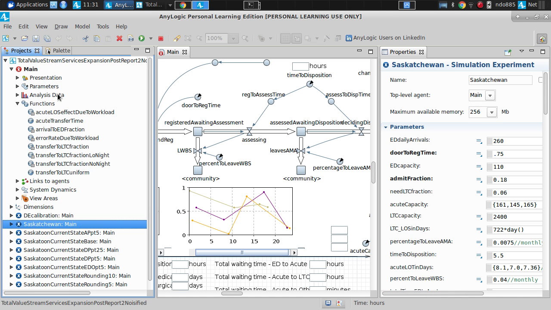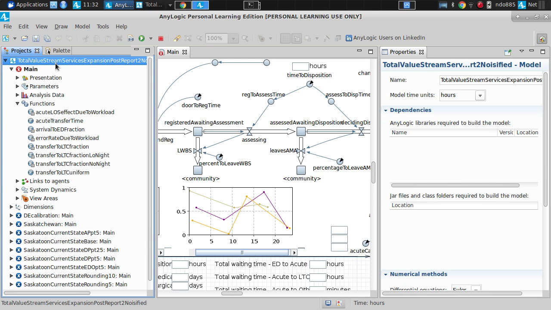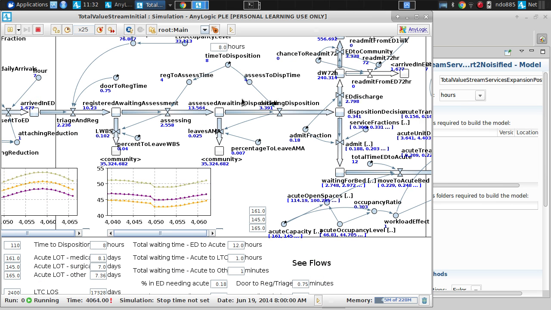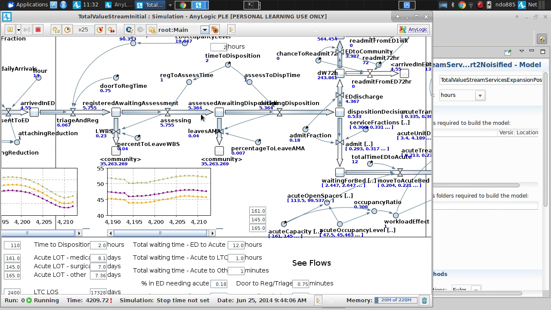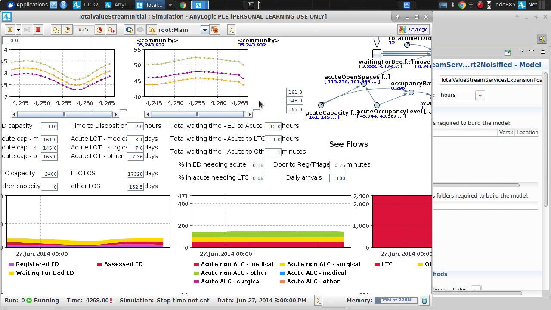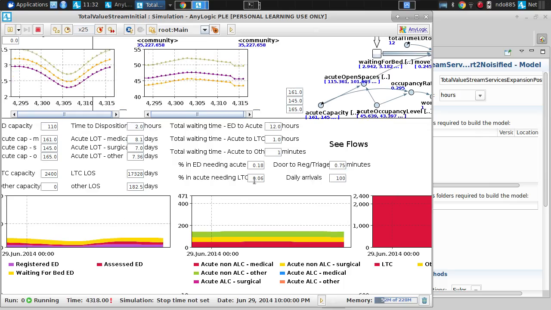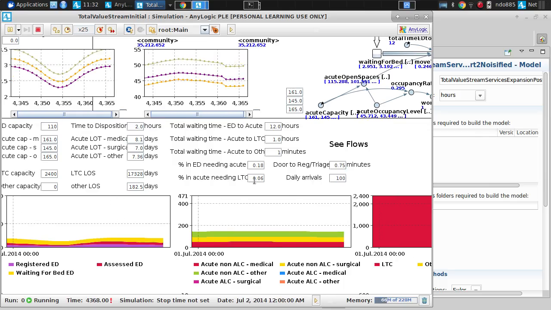So this model has time associated with it, like dynamic models. You'll notice if you click on the model as a whole, it says the time unit is hours, okay? So these, for example, time to disposition is 8 hours. And once again, we could change that to something like 2, okay? So there's all these different controls up here.